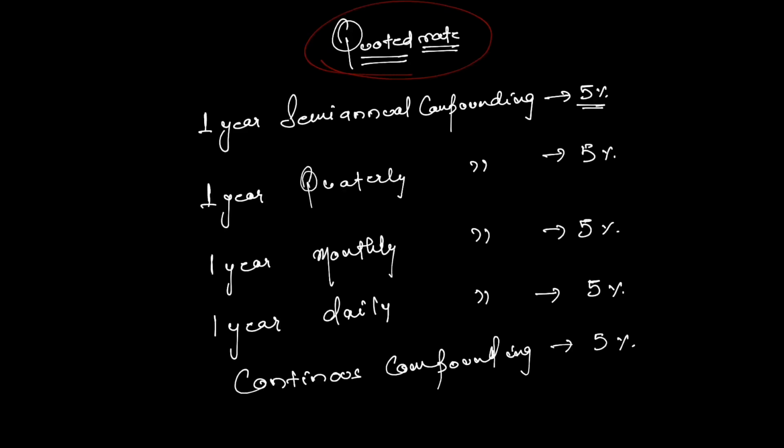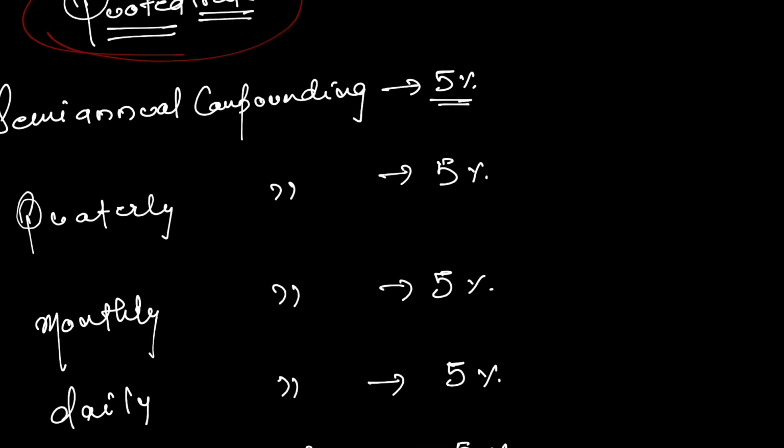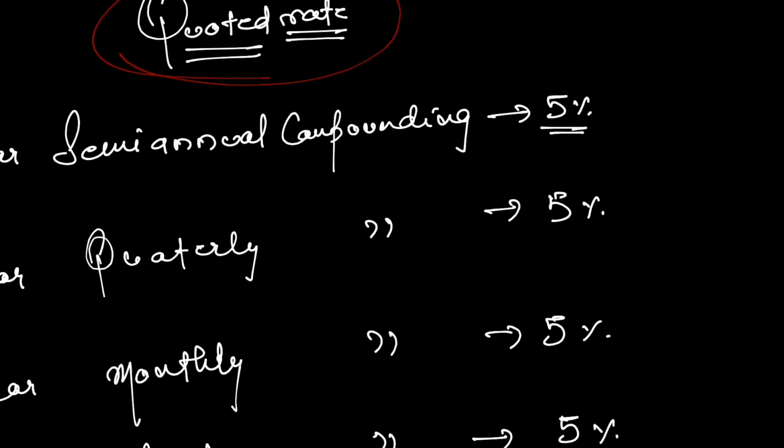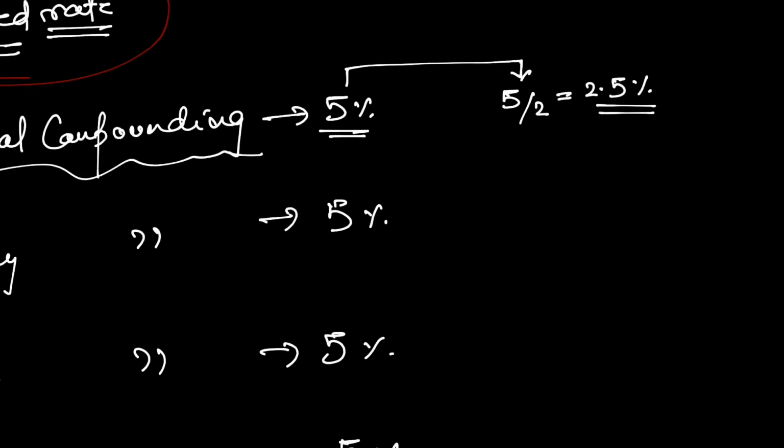What? Quoted rate. Okay, whenever you have the word semi-annual compounding, let's start with semi-annual compounding, the first thing that should hit your mind is that we have an effective rate of 6 months. So the effective rate of 6 months is hidden in this quoted rate, and that is 5/2. 2.5% is the effective interest rate of 6 months, and that is hidden in this quote.